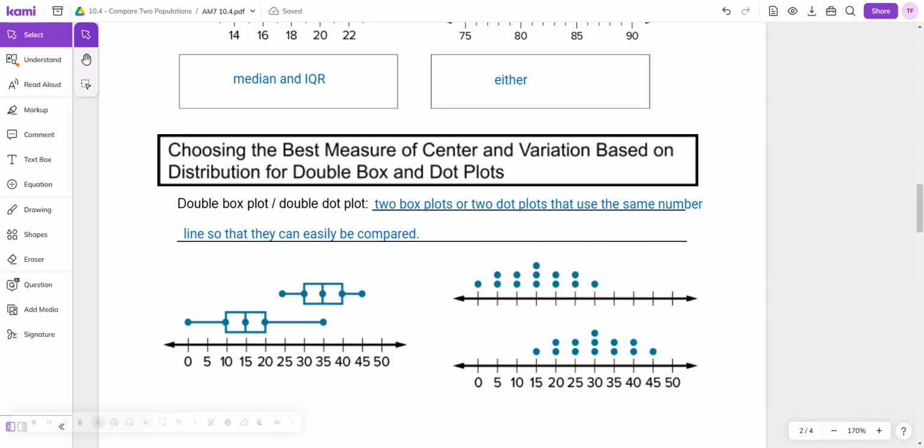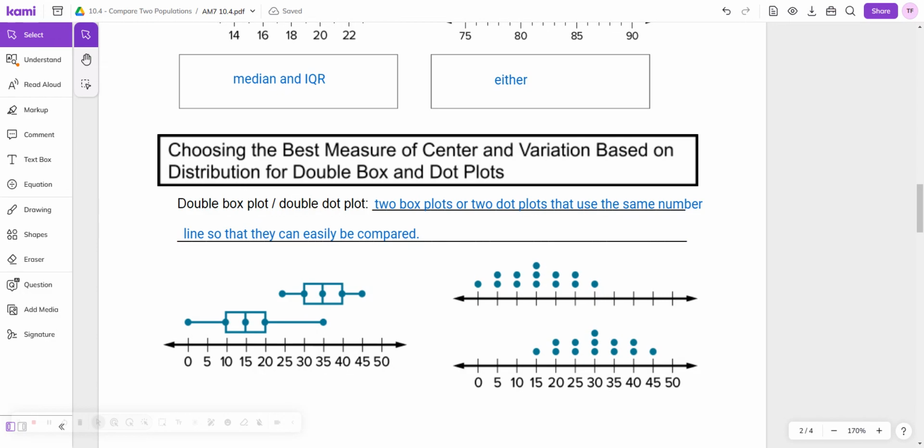So both of them have the same IQR, but you would also notice that the overall range is less in the top population than it is for the bottom population. The range in the top population is only 20. The bottom is 35.